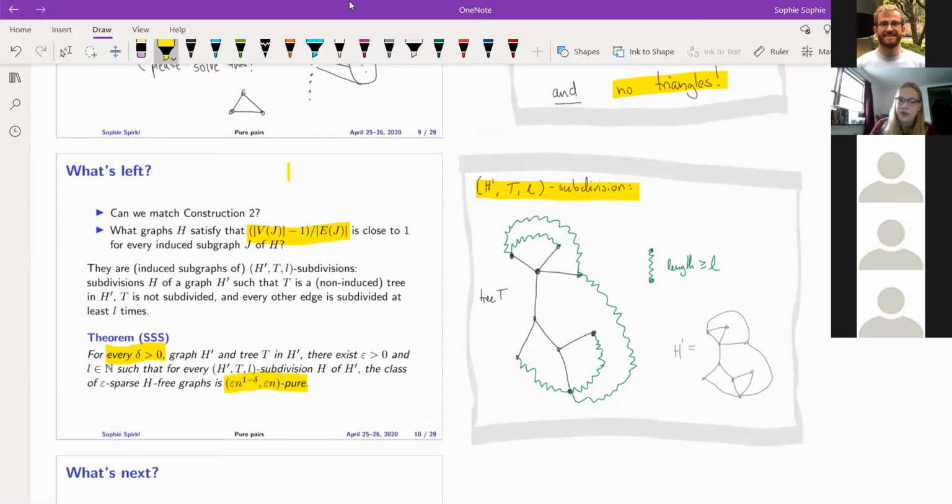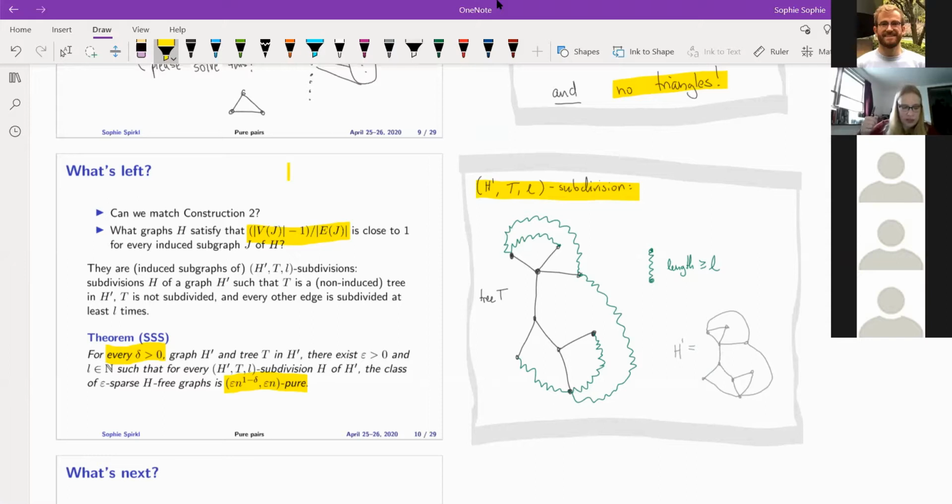So what if instead you say, I'm going to make the girth of this huge and the density low by subdividing each edge 1,000 times? And so you can. And we know that that still has cycles of length something times 1,000 if H had a cycle to begin with, so you won't get linear size pure pairs.